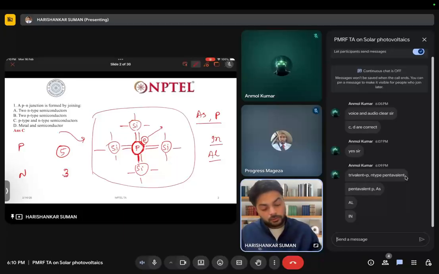When we mix around 10 to the power 12 to 14 atoms, this doping, a donor, makes a huge number of electrons available. So the majority charge carrier here is the electron. This is N-type, that's why it is called N-type.